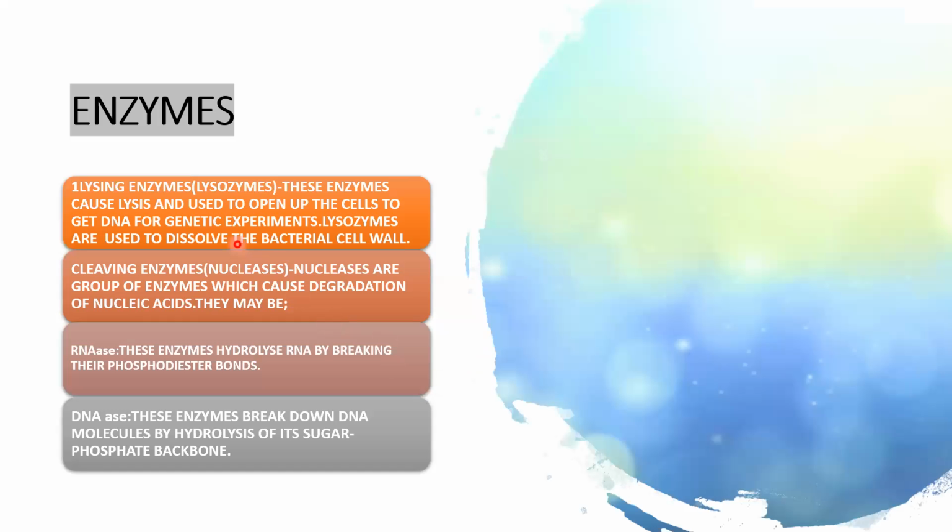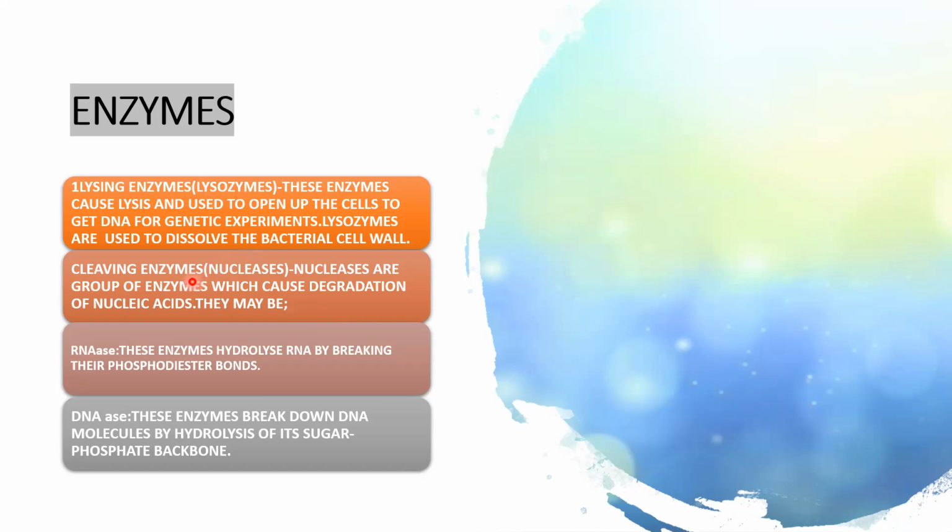Now, if we talk about enzymes, first we'll discuss the lysing enzyme or lysozyme. These enzymes can degrade the bacterial cell wall, open up the bacterial cell wall, and when these enzymes dissolve the bacterial cell wall, they cause lysing. So they are called lysing enzymes or lysozymes.